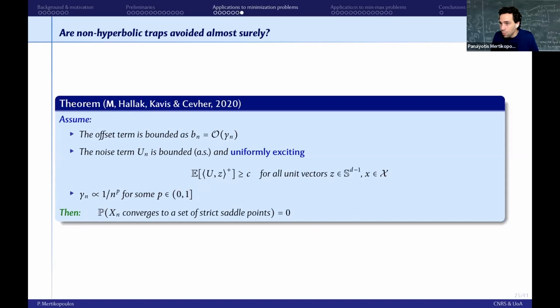So with probability 1, we avoid all strict saddle points or manifolds there. All right. So this is basically the baseline for minimization problems.